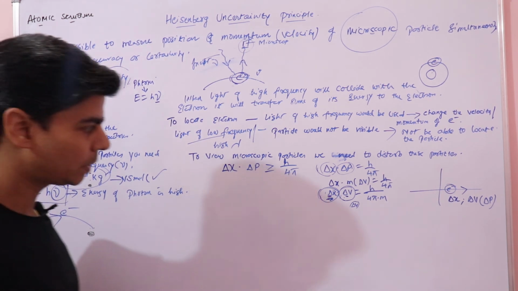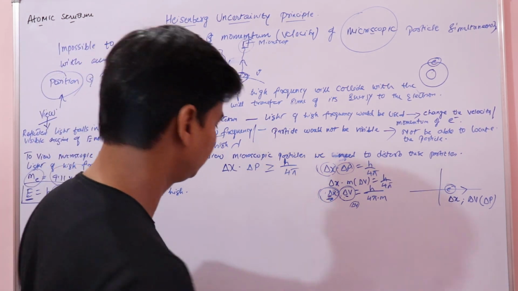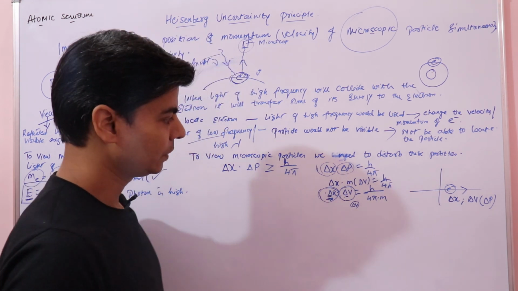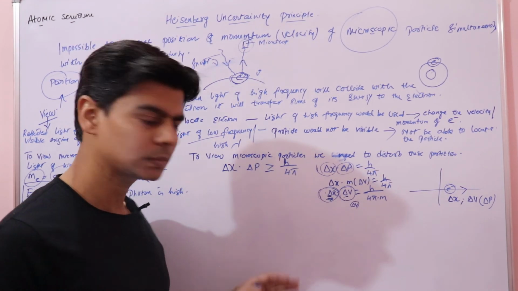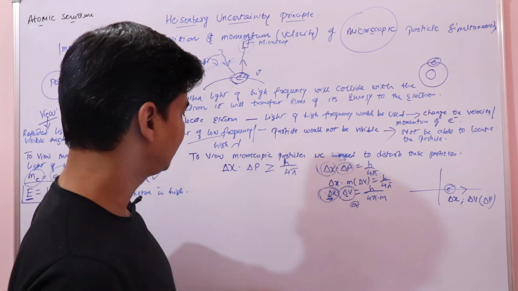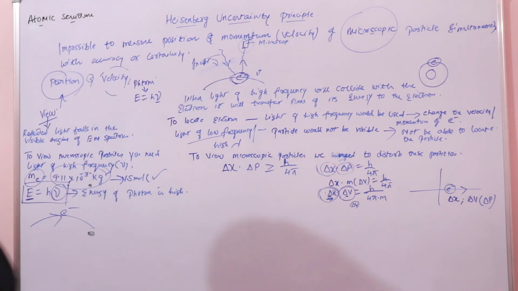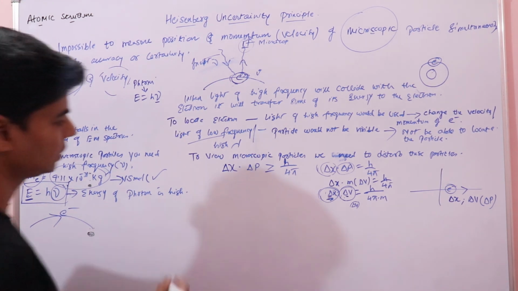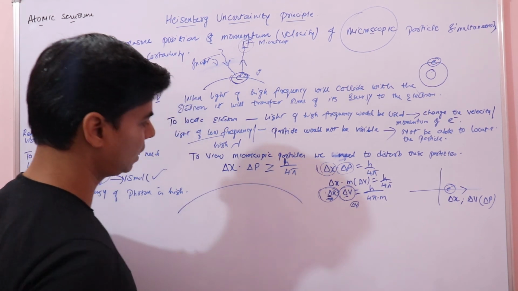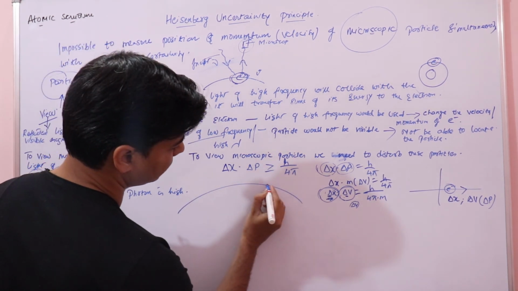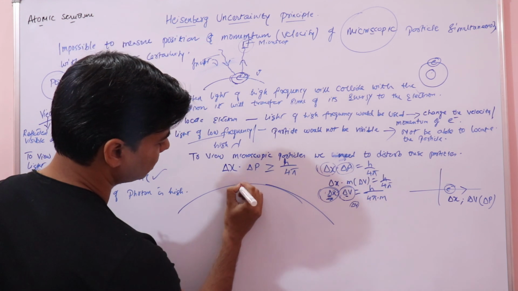Similarly, if we talk about the trajectory of an electron, the trajectory has no meaning here. Why? Because, as I said, in order to view a microscopic particle we need to disturb it. Suppose this is the trajectory followed by a microscopic particle, and here is the electron.